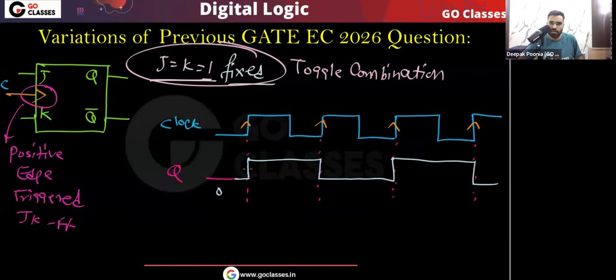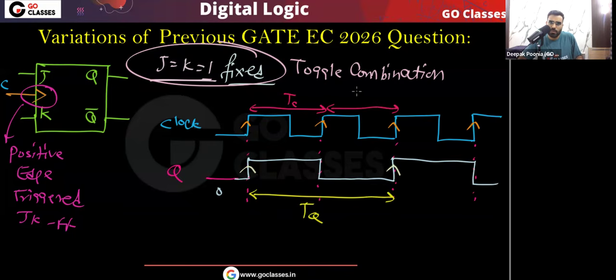Now again you can easily see that this is the cycle time of the Q output waveform, and in one Tq there are two Tc. So the fq will be fc by 2.